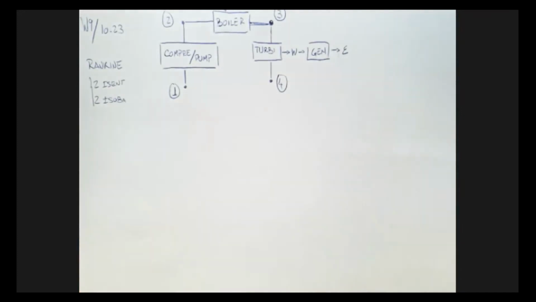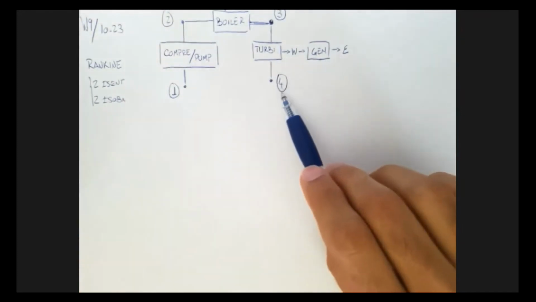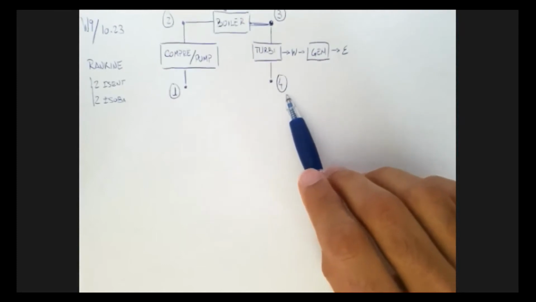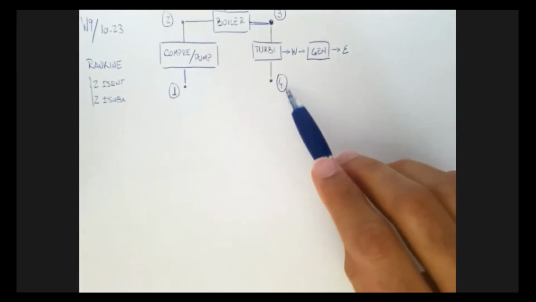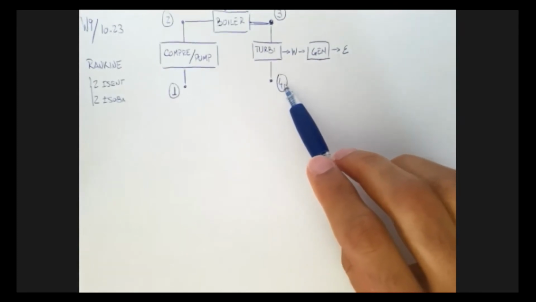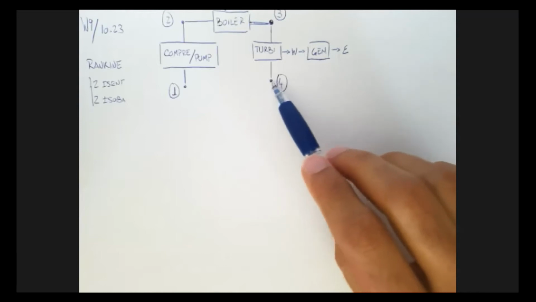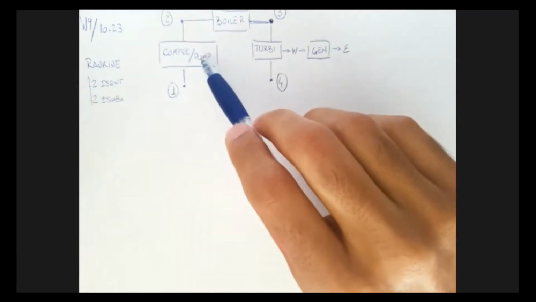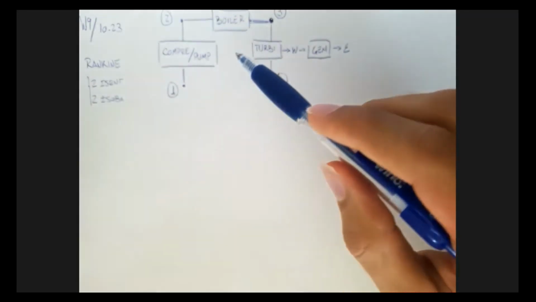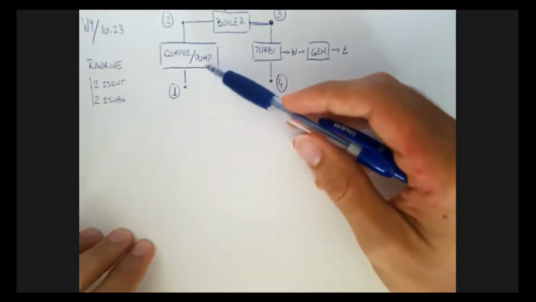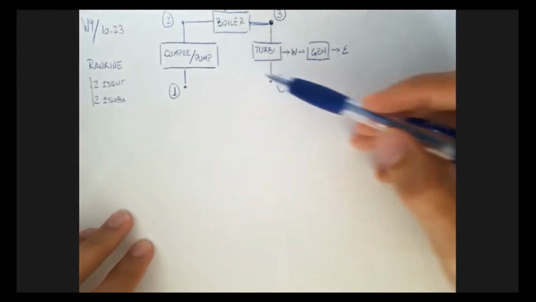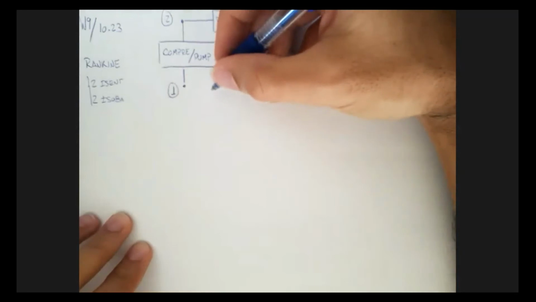The trick is that when it leaves the turbine, we don't have 100% liquid. We can still have a superheated state, we can have a saturated vapor, we can have a mixture. But if it's not 100% liquid, we can't just put it back into the compressor or the pump, right? That's going to bring us some problems. One of them is that we're going to need a variable chamber in there to account for the difference in volume. So what we do is we have our heat rejection.